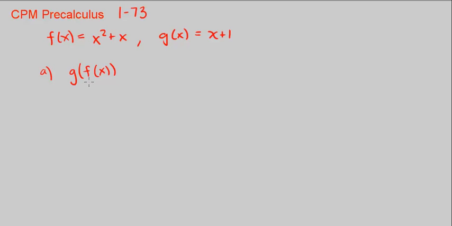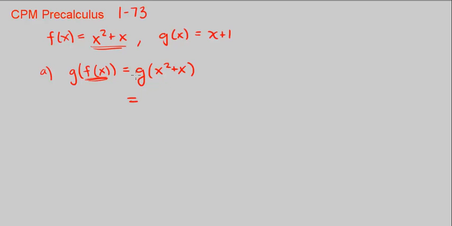When we're looking at the composition of multiple functions, so the input of this function is another function, we look at just the inside first. So leave g on the outside, and let's substitute in for f of x the expression x squared plus x.